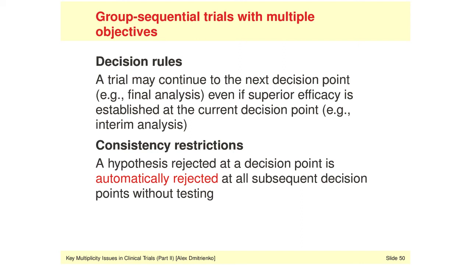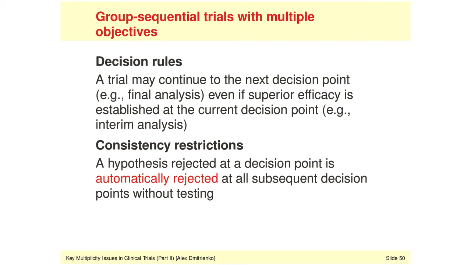Before we proceed to the final analysis, I would like to mention an important set of rules that are applied in group sequential trials with multiple objectives. First of all, a trial may potentially continue to the next decision point. For example, it may continue from the interim analysis to the final analysis, even if superior efficacy is established at the interim analysis.